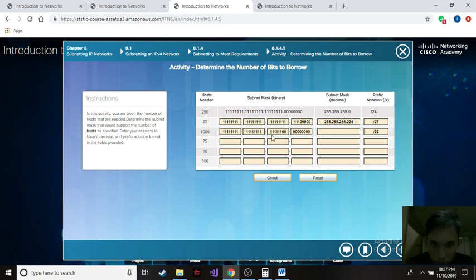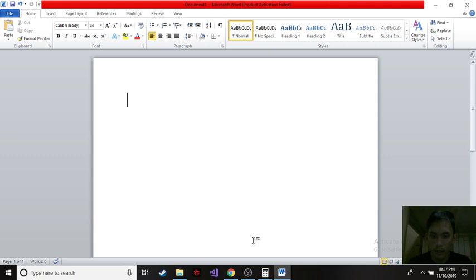So we have, wait, 1, 2, 3, 4, 5, 6. So we have 6 ones here. Should be 128 plus 64 plus 32 plus 16, 1, 2, 3, 4, 5 plus 8.